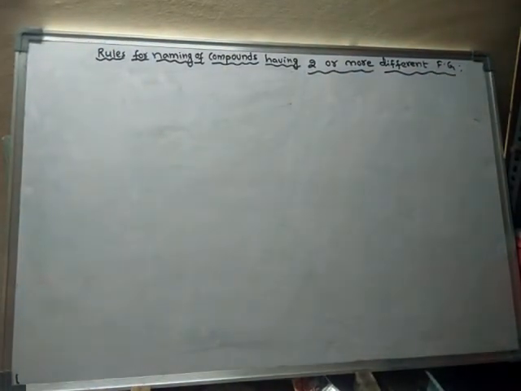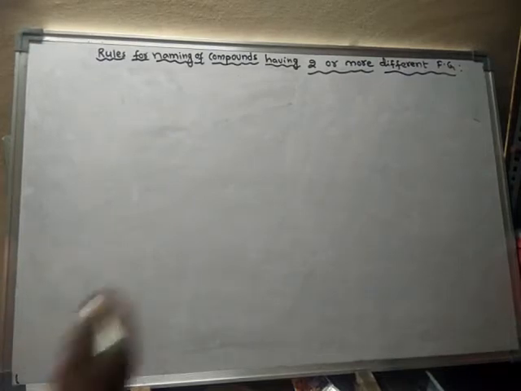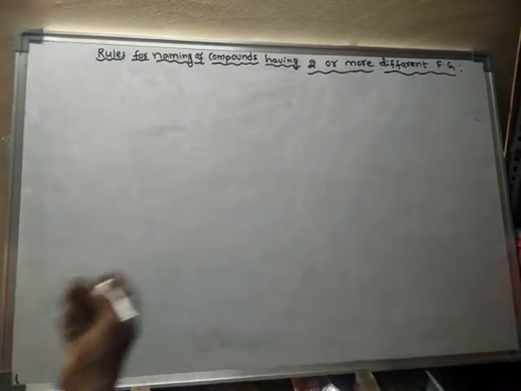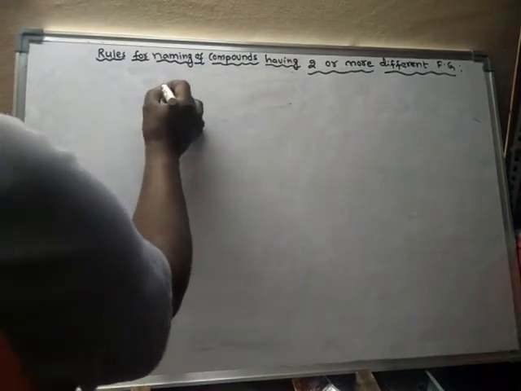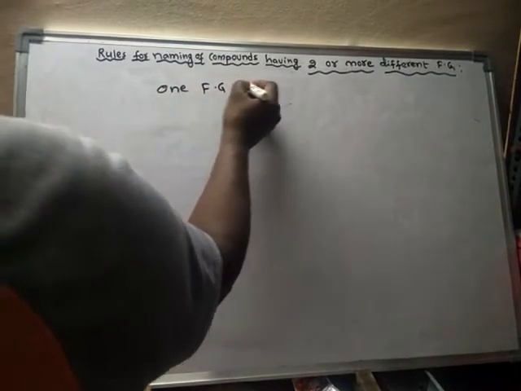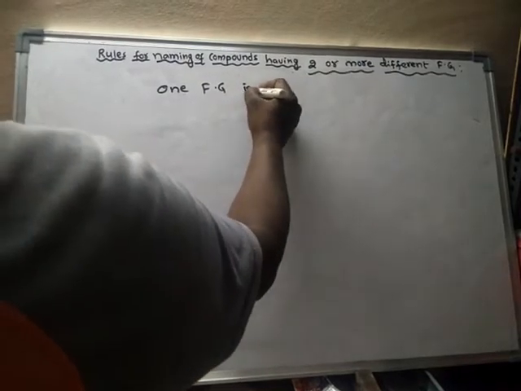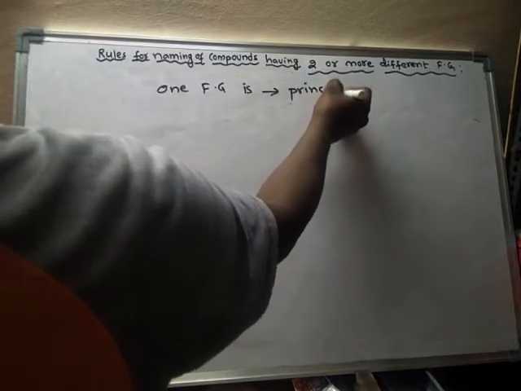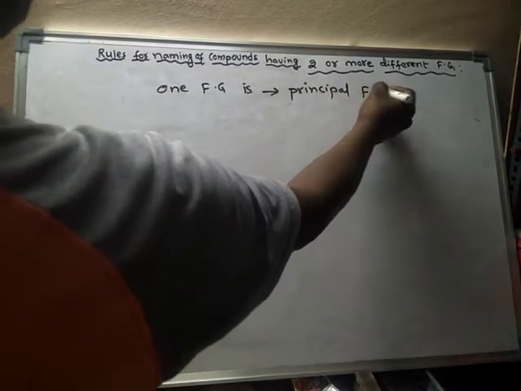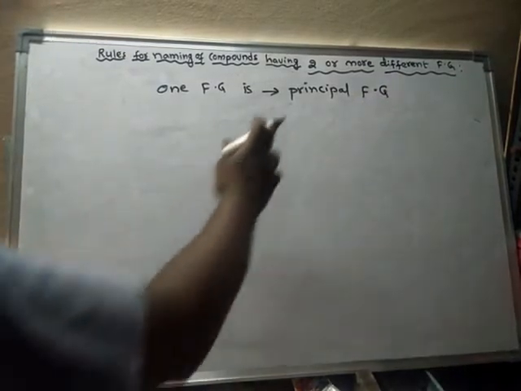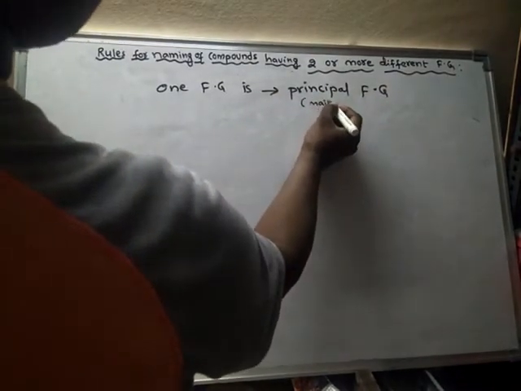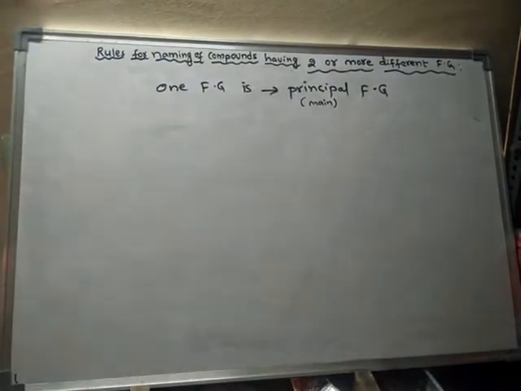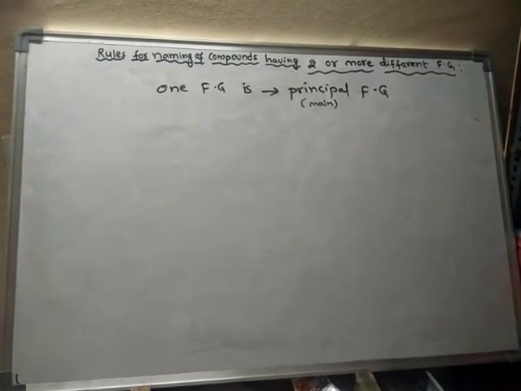If an organic compound has two or more functional groups, then what do we have to do? If there are two or more functional groups, compulsorily one functional group is the principal functional group, or main functional group. It is treated as the main functional group, or we can call it the highest priority functional group.